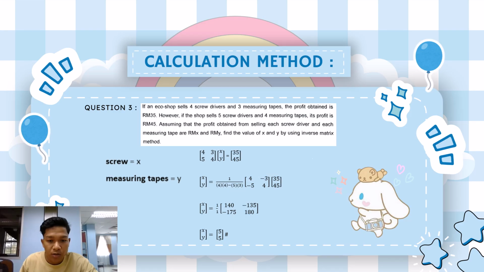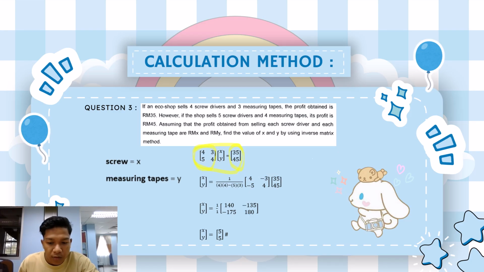Okay, so next we go for step 2, write in matrix form. We can write this as a matrix equation. So the matrix equation is like this. Then step 3, find the inverse of the coefficient matrix. Now we use the inverse matrix method, where A can be this and B can be this.